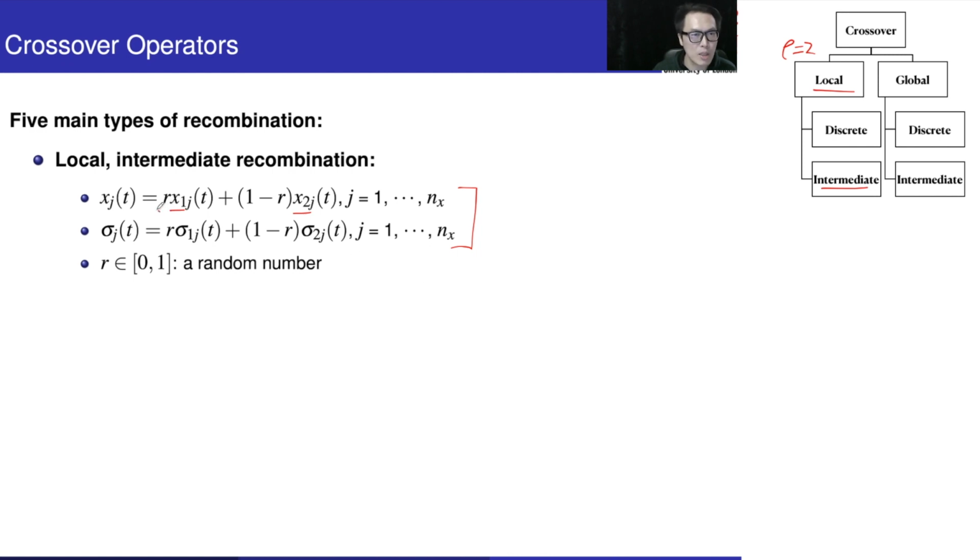R is a randomly generated number in the range of 0 to 1. So R times x1j plus 1 minus R times x2j, interpolation.